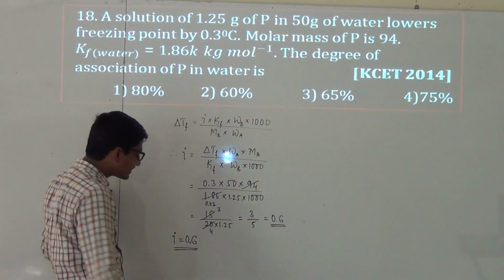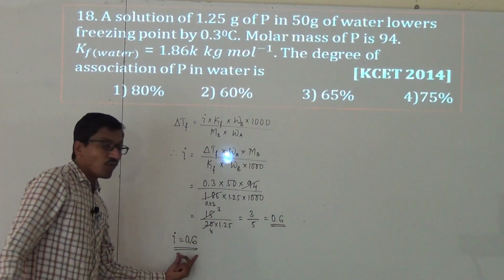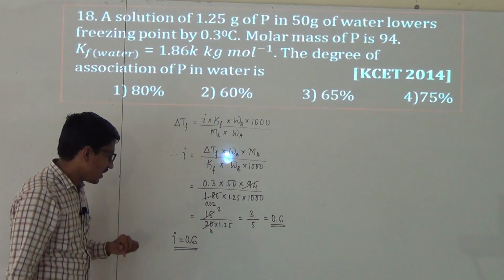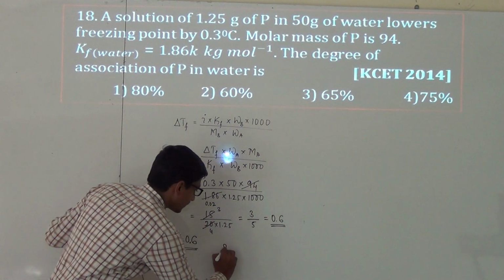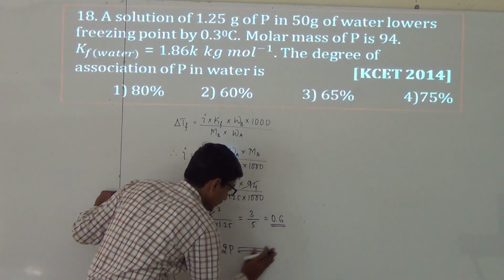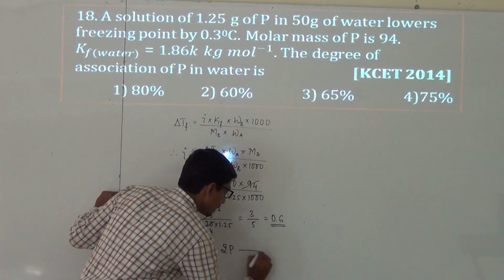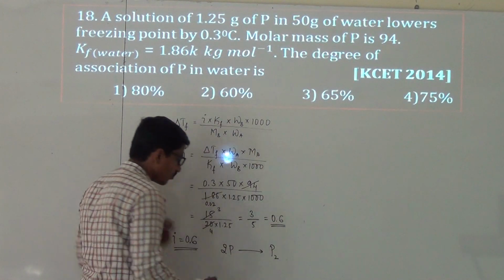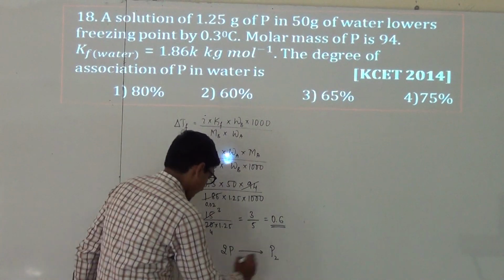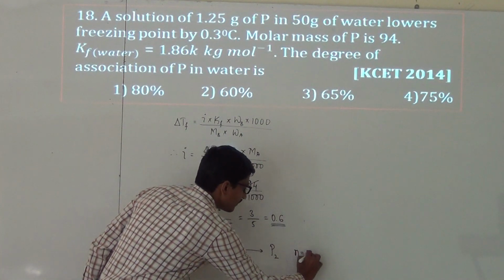It is less than 1, which means P undergoes association. Association means it forms a dimer. 2 P molecules associate to form P2, and the value of n is equal to 2.